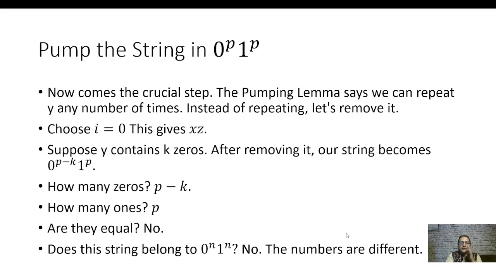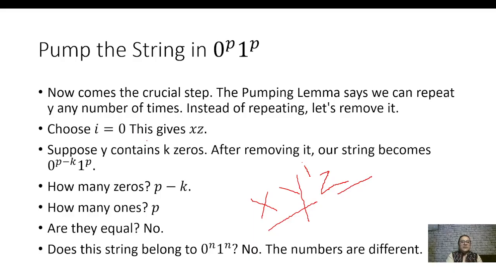So after removing the y, there is actually x, z. We have seen the formula x y to the power i z. When i equals 0, we just have xz. The xy part is always 0s and the remaining part will be 1s.